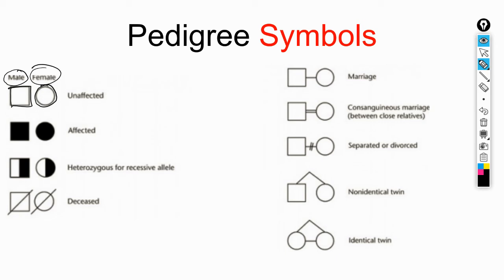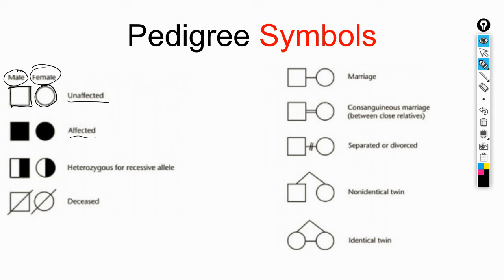If they are not shaded in, that means they are unaffected. So whatever genetic disorder we're looking at, if they're not shaded in, it means they do not have that disorder. It doesn't necessarily mean that they're not a carrier, but it means that they're unaffected by it. If they're shaded in, that means they are affected.